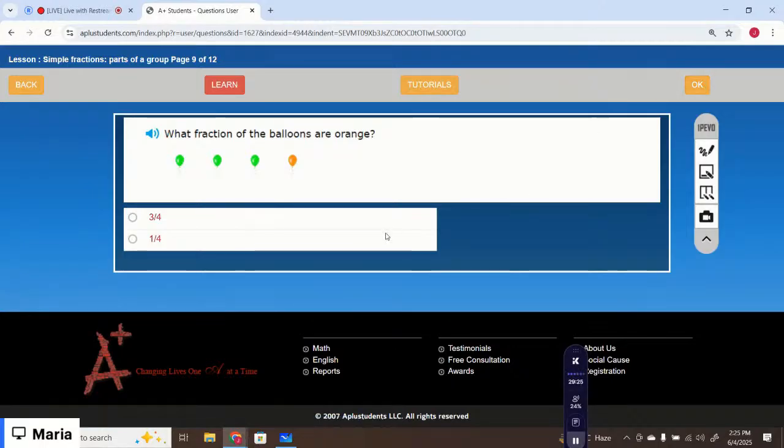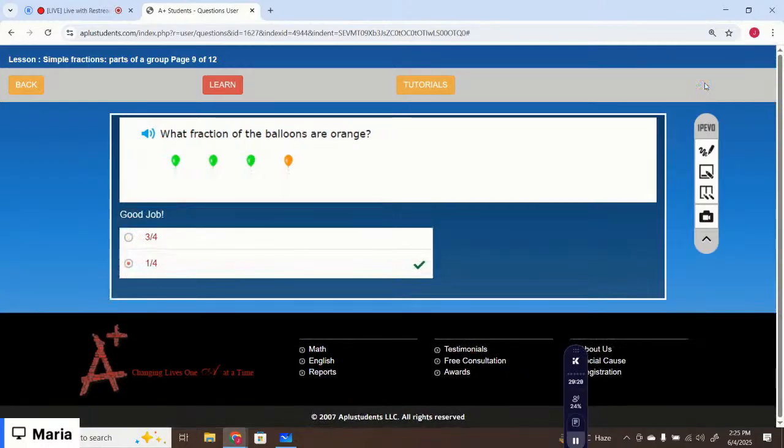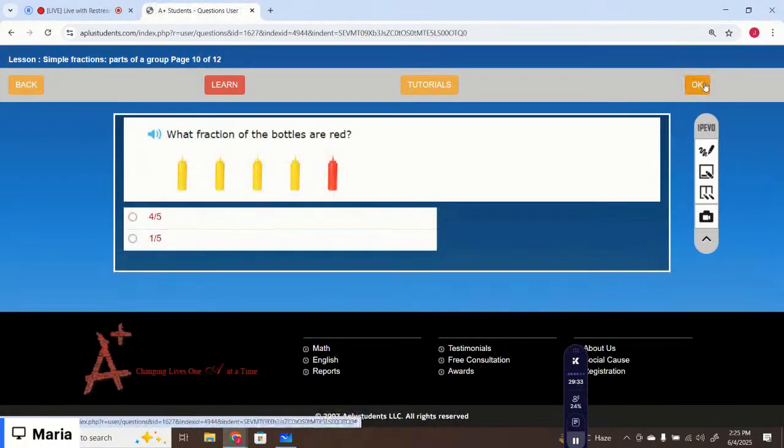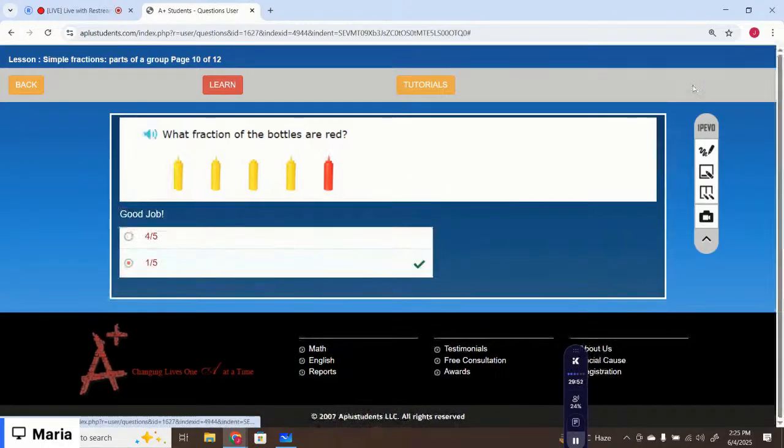Option number two is the correct option. What fraction of the bottles are red? One out of five it is. Option number two is the correct option.